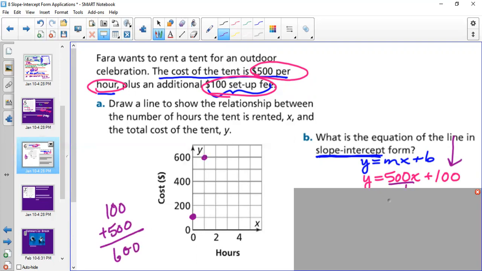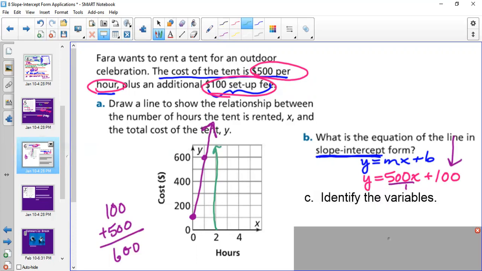So up $500 over 1. Now that makes my graph go straight up and down. And so we talked about how this graph was not the best graph, because I can't even tell you how much it's going to cost after 2 hours because it's already off the graph. So when we get to those follow-up questions, we're going to have to start using a different method. So keep that in mind.